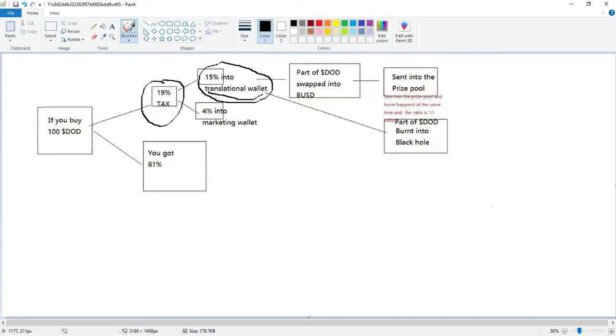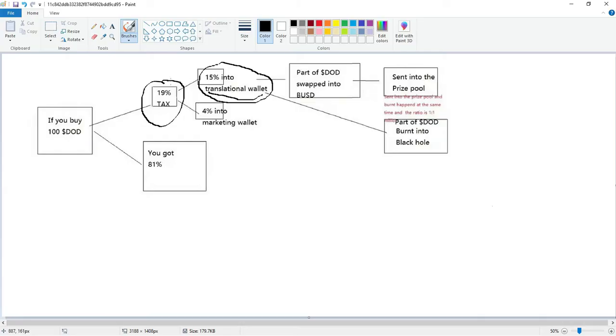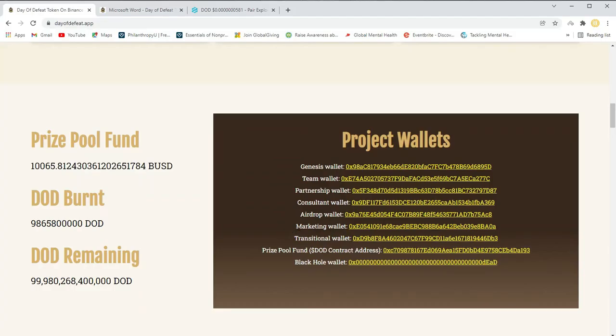This 15% goes into the transitional wallet, which is this one here, and this is the contract address, and you can check everything that goes on with this wallet. And the other part of the 19% tax is the remaining 4%, which goes into the marketing wallet, and that is this wallet listed here on our project wallet. And also you can check it to see what transactions are going on in this wallet.